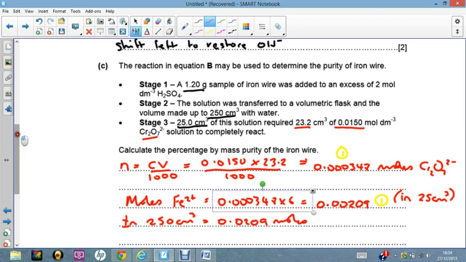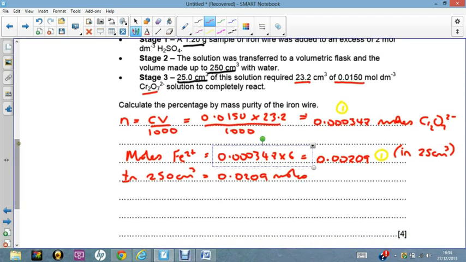So to get the amount in 250, I'm going to multiply that by 10. And then I'm going to need to convert that into mass. Okay, so that is the mass of iron in the iron wire.